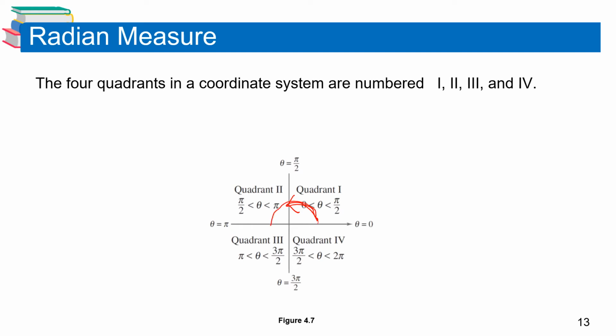If I take this rotation, theta varies from 0 to 180 degrees because this is the angle above the horizontal line. 180 is pi. So this complete angle will be between 0 to pi, or just in the second quadrant alone, it will be between pi by 2 and pi. The same case with the third quadrant and the fourth quadrant. 3 pi by 2 is 270 degrees, 2 pi is 360 degrees.